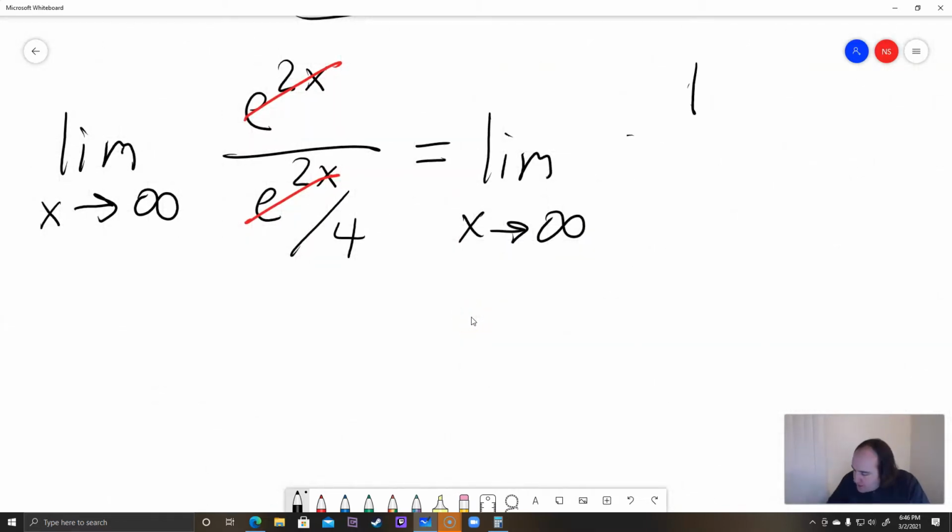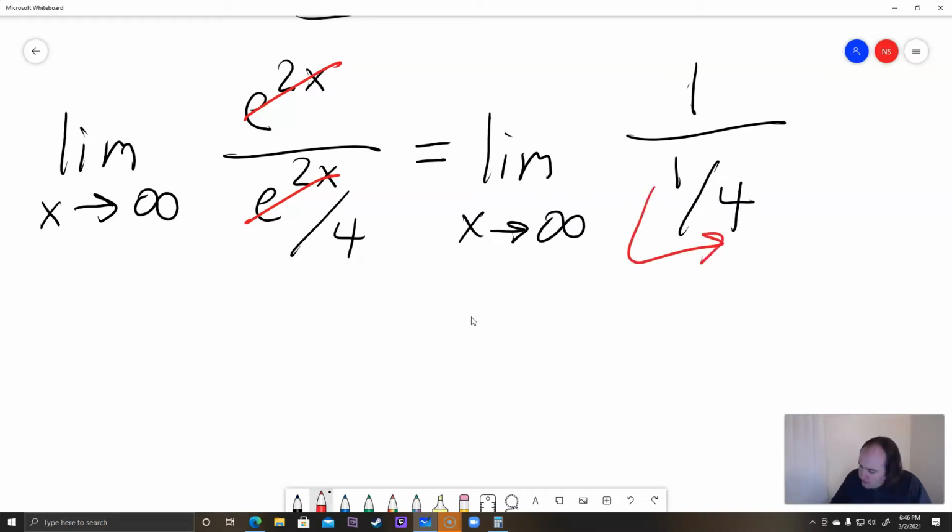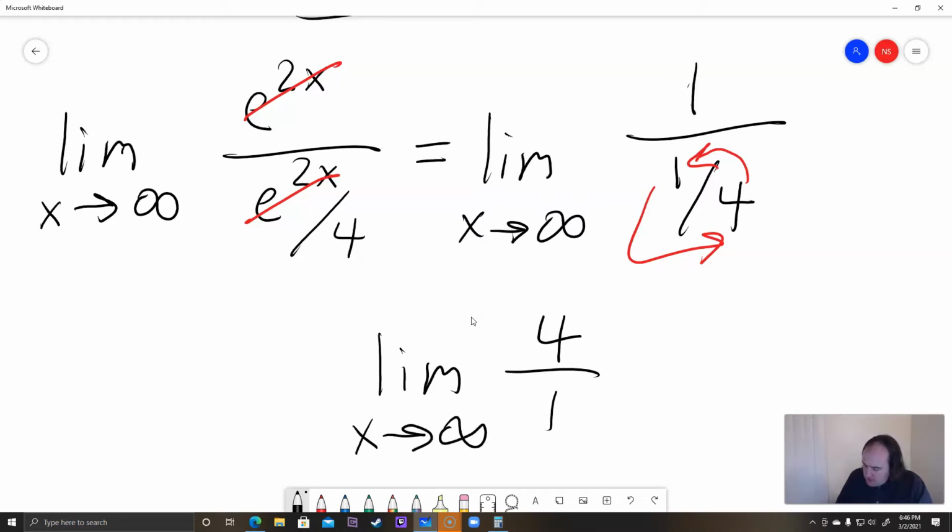So in the numerator we have 1, and in the denominator we have 1/4. But if you're dividing by a fraction, that's the same as multiplying by the reciprocal. So if we just flip over 1/4, that's going to be 4 over 1. So it's the limit as x goes to infinity of 4 over 1. But the limit, even an infinite limit of a constant, is just a constant. So this is actually just going to equal 4 over 1, which is 4.